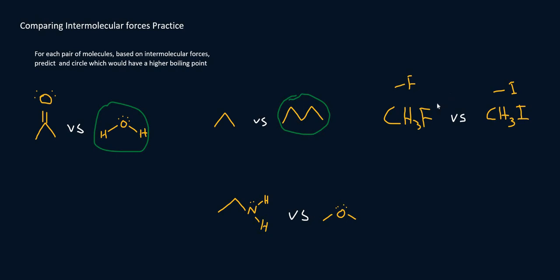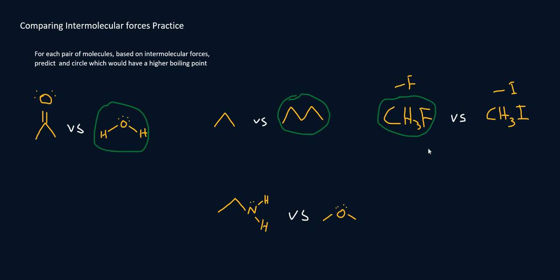The question is, which of these is going to have a stronger polarity? And I kind of just answered that a second ago. It's going to be this guy, and the reason is because it's bonded to a fluorine. Fluorine is more electronegative, which means it's going to have a bigger dipole than CH3I.